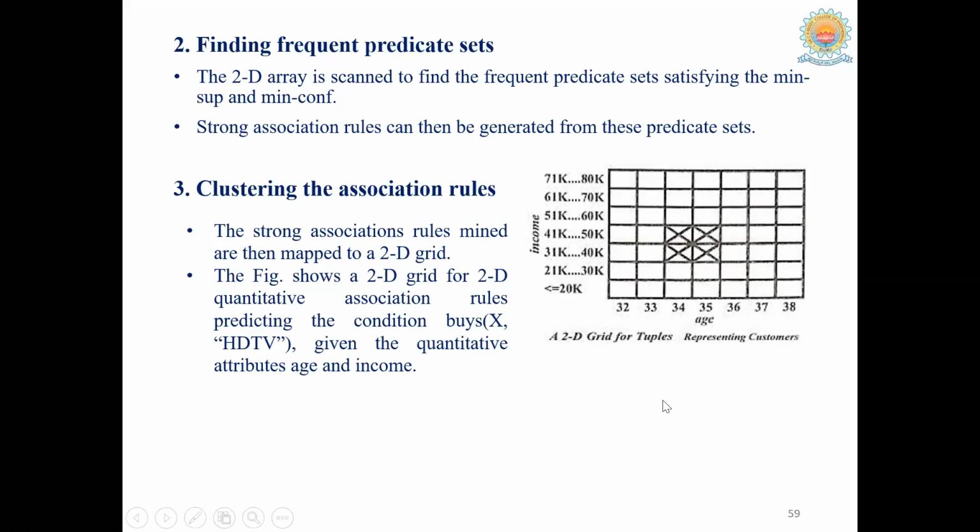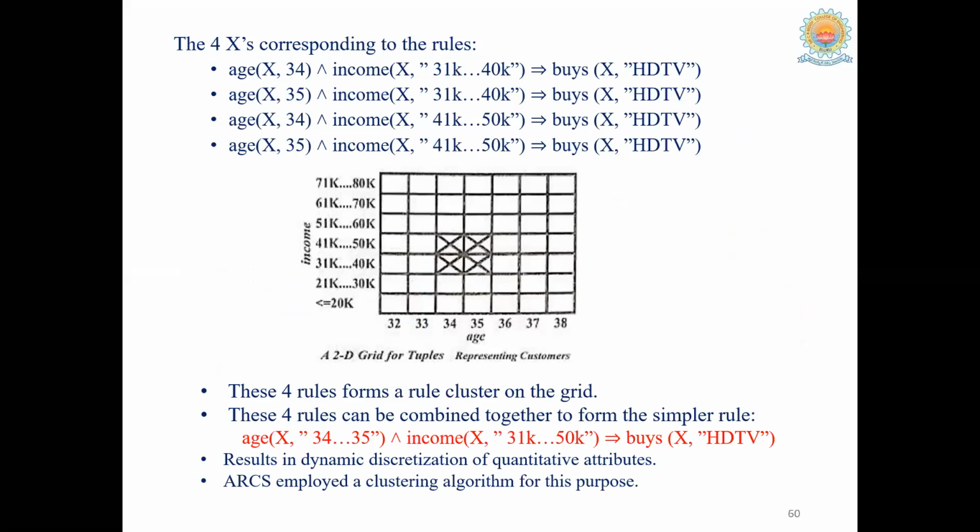The figure shows a 2D grid for 2D quantitative association rules, predicting the condition buys(X, HDTV). That means, for a person X, whether he buys the HDTV or not, given the quantitative attributes age and income.